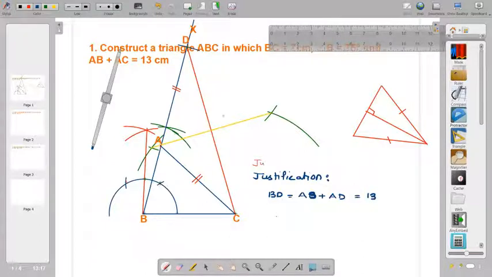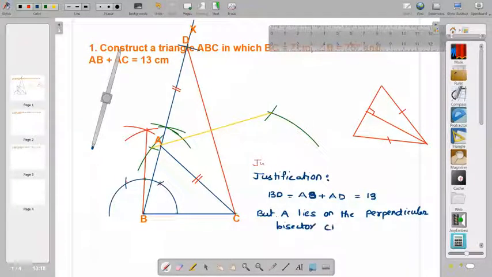But point A lies on the perpendicular bisector of CD. When A lies on the perpendicular bisector of CD, that implies AC will be equal to AD. Therefore, AD equals AC.